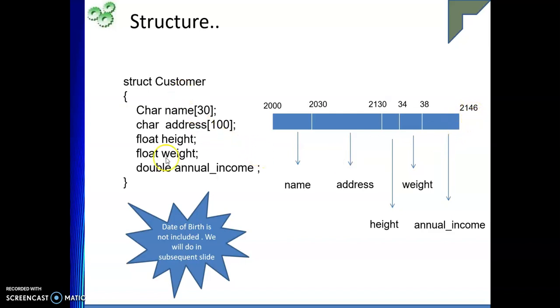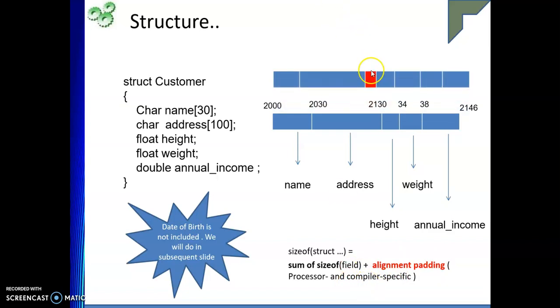So that means the size is nothing but the sum of name, address, height, weight, and annual income. That means the sum of all the sizes of the data members. However, you will come to know that there is some kind of alignment and padding based on the processor and compiler.